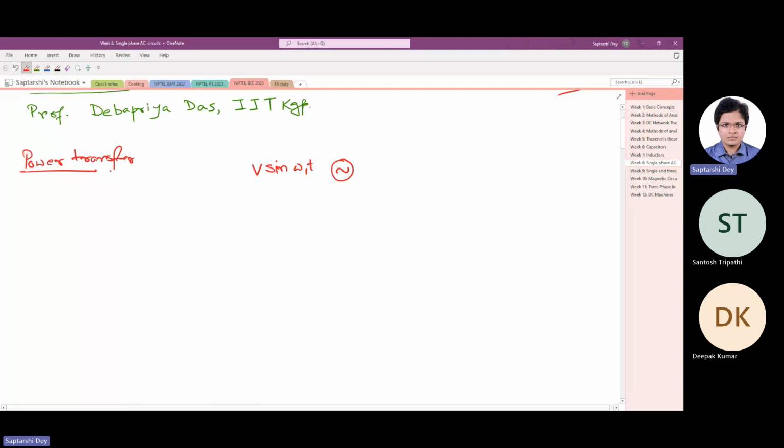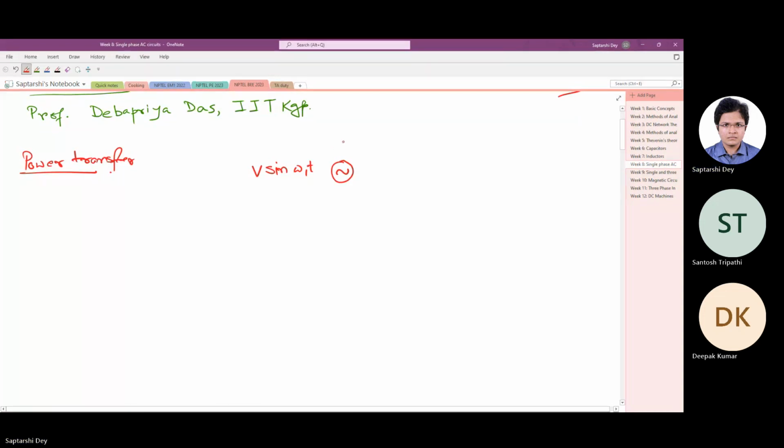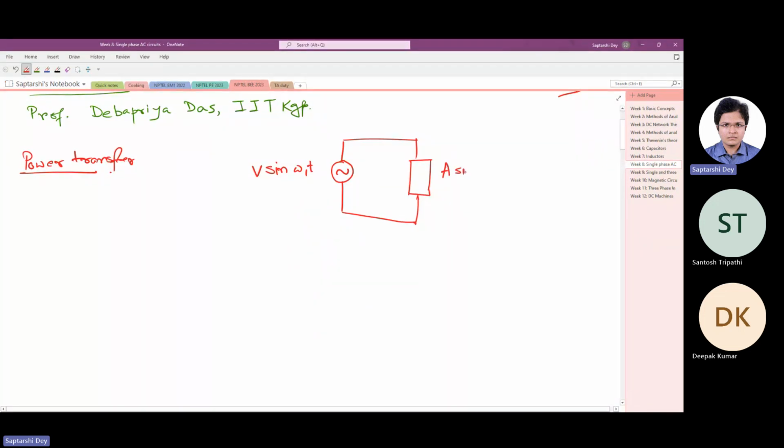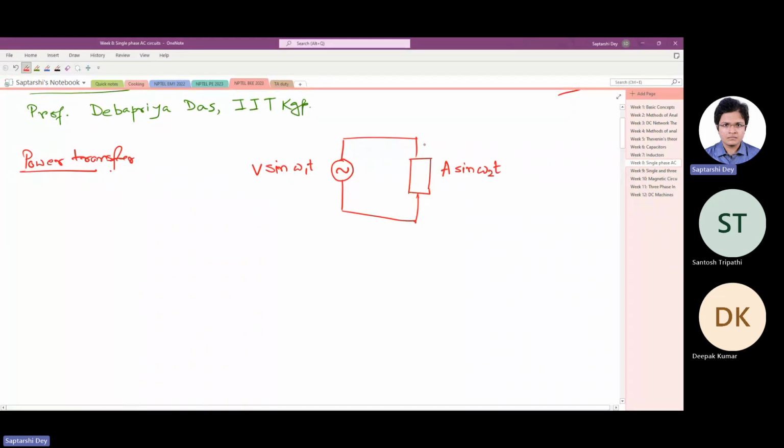So the frequency of this source is omega 1, and it is supplying some unknown, hypothetical load, which is drawing a current A sine omega 2 t from the source.